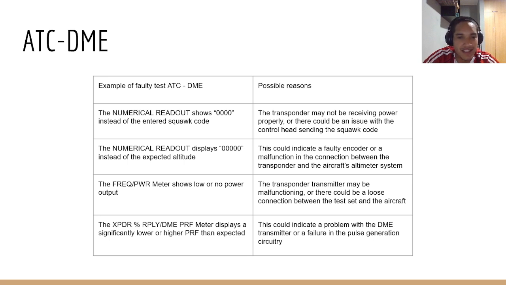If there is a significant difference between the spec and the real PRF, it could be the reason is a failure in the transmitter on the aircraft or in the pulse generation circuit.